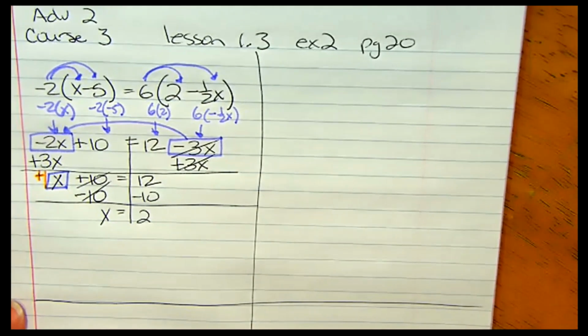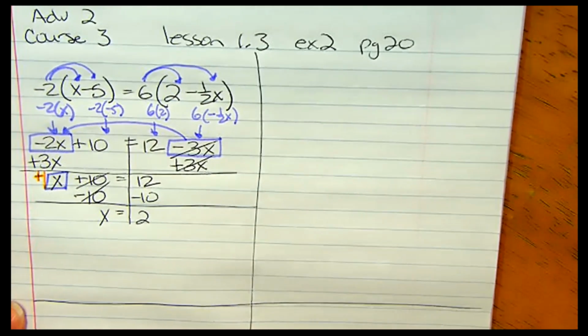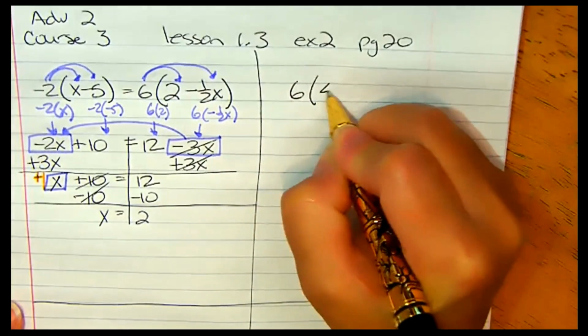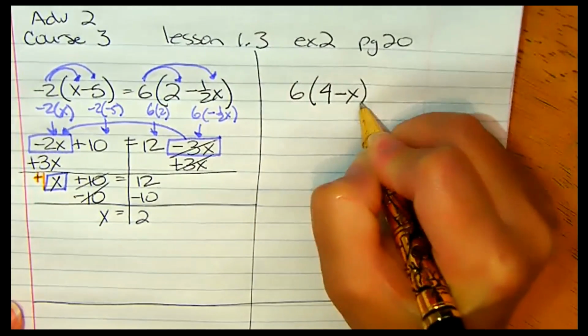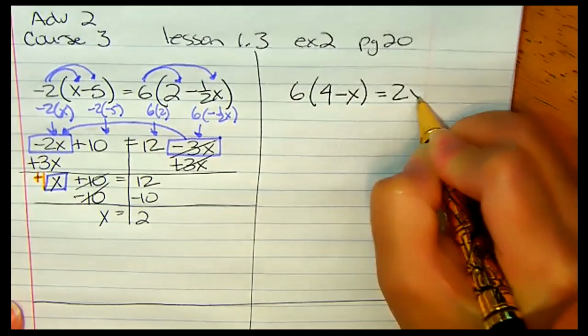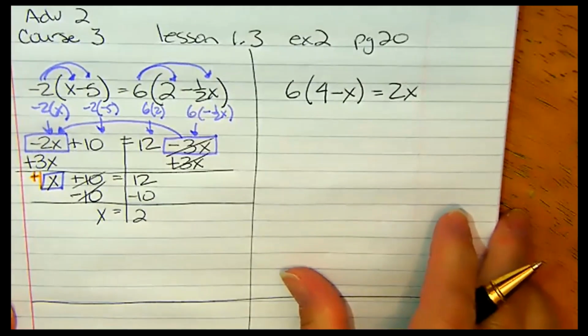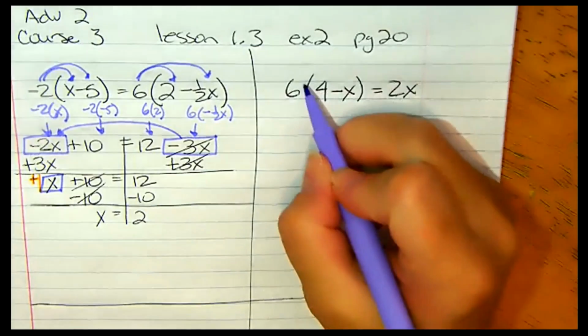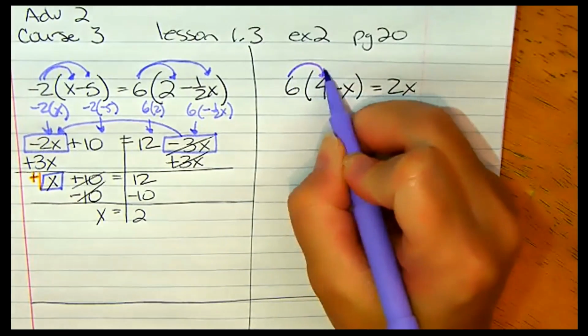Okay, let's do another one. 6 times 4 minus x equals 2x. So the first thing I'm going to do is distribute.